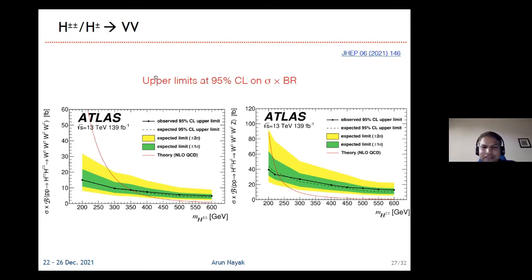Yes, so you still need to improve. The question I had really was that with HL-LHC, how much better can we do? Not that we believe that there is strongly interacting dynamics, but if there is anything else to be looked at, then we might want to know how much further this can be pushed for the H plus masses.